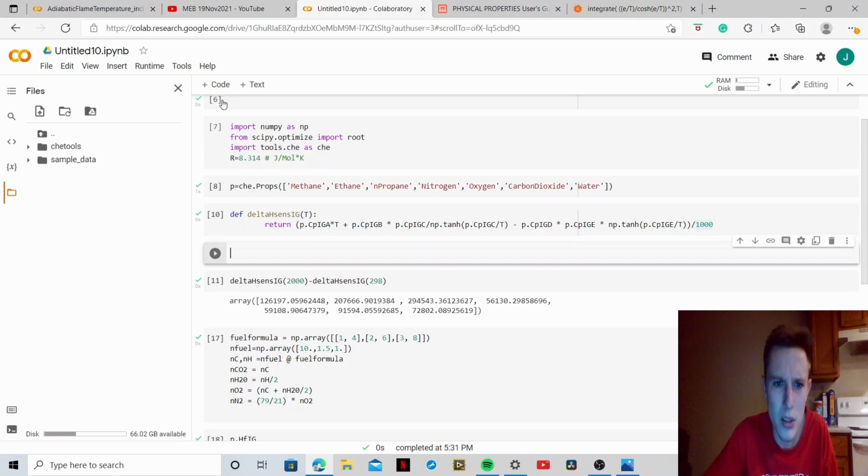So we're going to want to start a new code, and let's define it as HIG, and we'll put it in terms of number of moles and temperature.